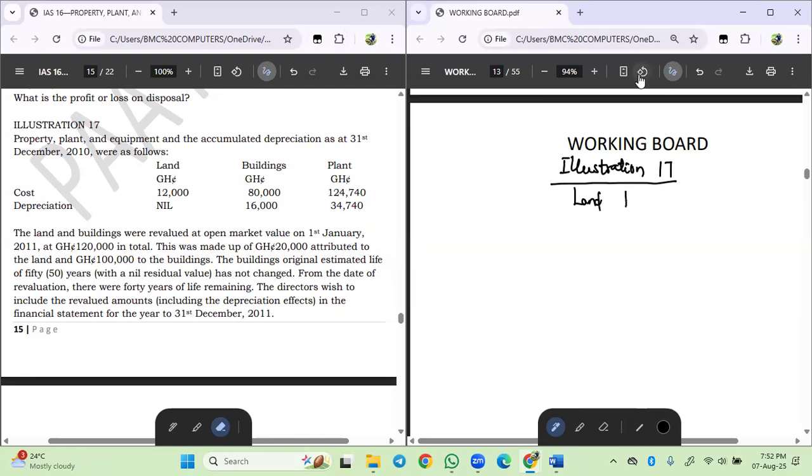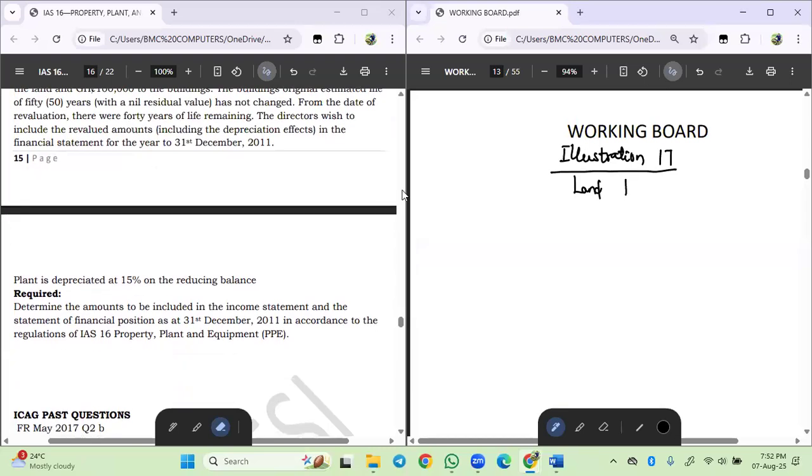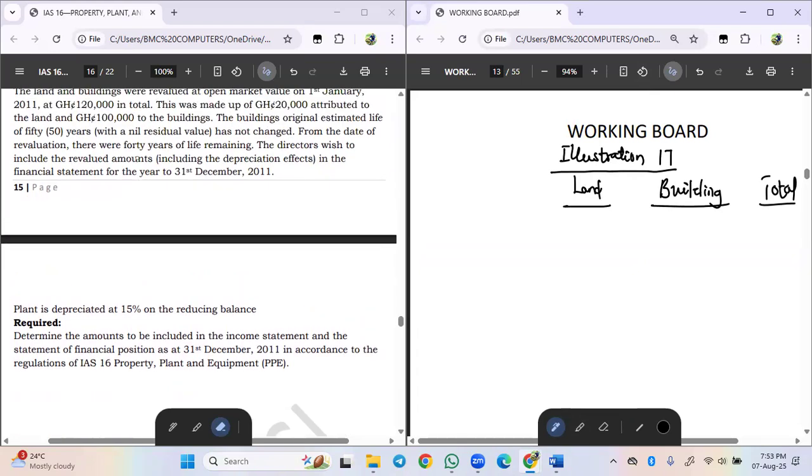Plant is depreciated at 15% on the reducing balance. Required: determine the amount to be included in the income statement and the statement of financial position as at 31st December 2011 in accordance with the regulation of IAS 16, Property, Plant and Equipment, PPE.